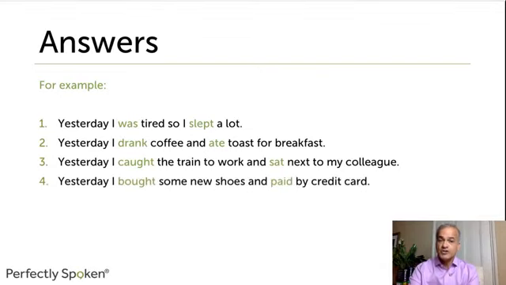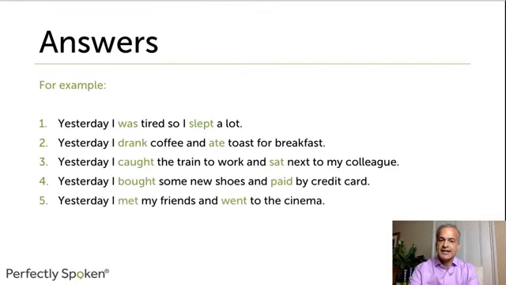I bought some new shoes, and I paid by credit card. And yesterday, I met my friends and we went to the cinema. So now please write 5 sentences with two irregular verbs in each sentence.